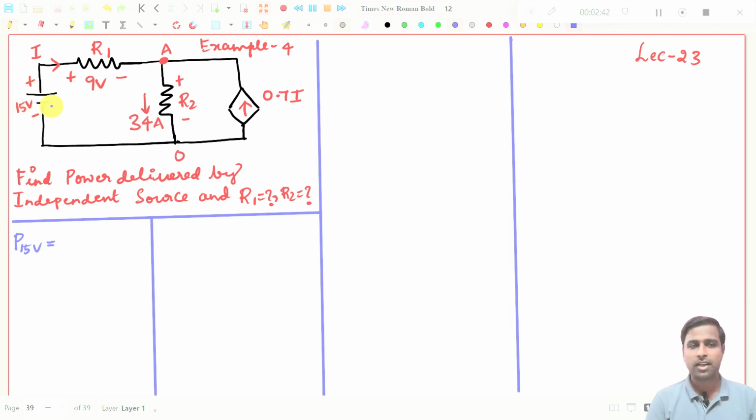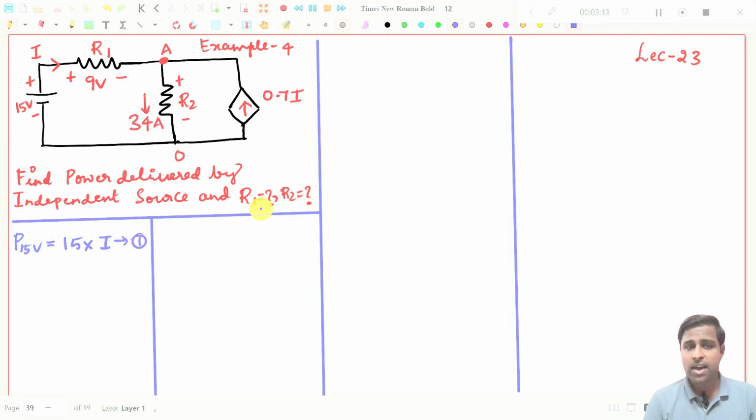Here they have given you 15 volt, so voltage is given, and the current coming out from this 15 volt source is I. So this value will be 15 into I. If we find I, then we can easily find the power delivered by the 15 volt source. That is the first question. Let it be equation number 1.